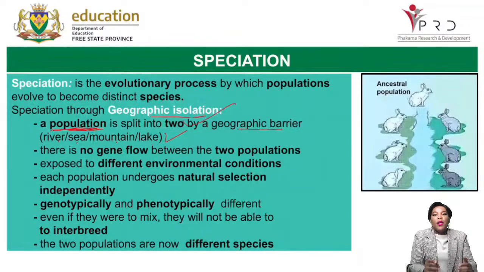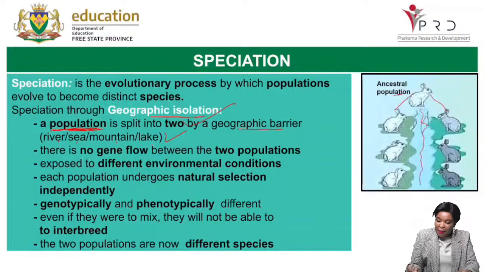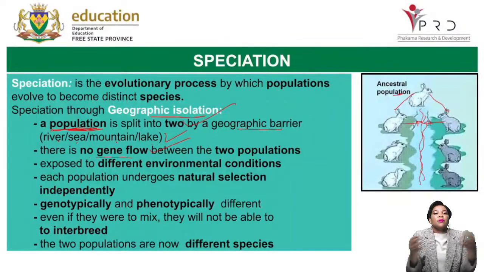Then, because there is that separation, this is the ancestral population that was split into two. Because of this separation, there is no gene flow between the two populations. So you get a mark for saying no gene flow. How can the genes flow when these organisms are no longer in the same area? So there is no gene flow.